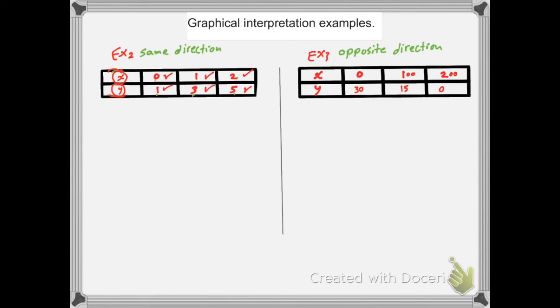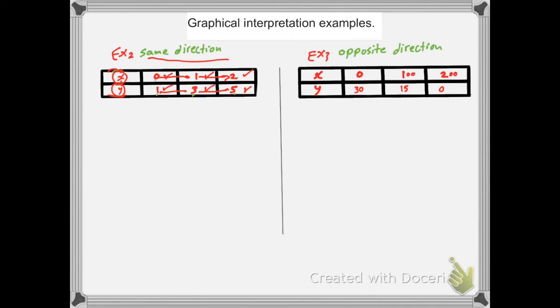Then we can say we have the same direction between x and y. When you increase the value of x from 0 to 1 and from 1 to 2, y also increases from 1 to 3 and from 3 to 5. Both of them increase.